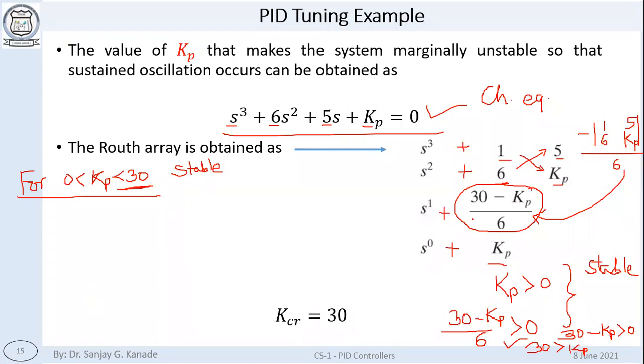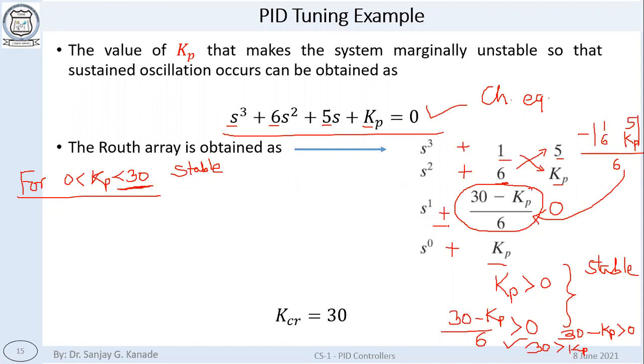When Kp is 30, this term will become 0, right? Means we are going to get a row of 0 in the Routh table. Means the system will become marginally stable. When Kp is greater than 30, this term will become negative and the system will be unstable, right?